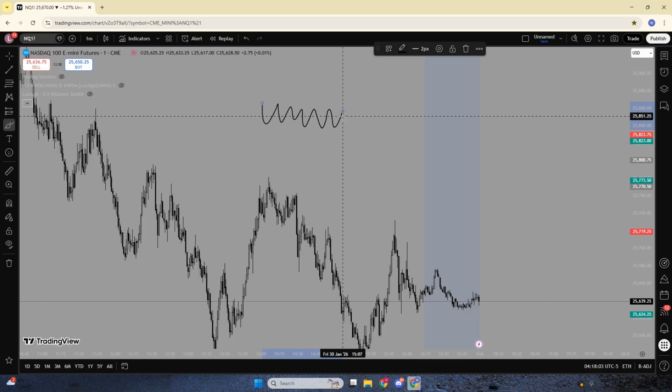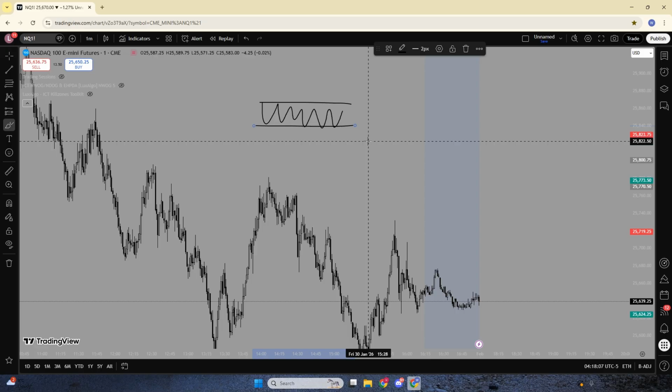Accumulation, which is ranging at a level, and then a liquidity sweep is when there's a lot of orders resting below or above. So if it's consolidating, there's a lot of orders resting below and above. Maybe a lot of stops resting below and above these levels, right?